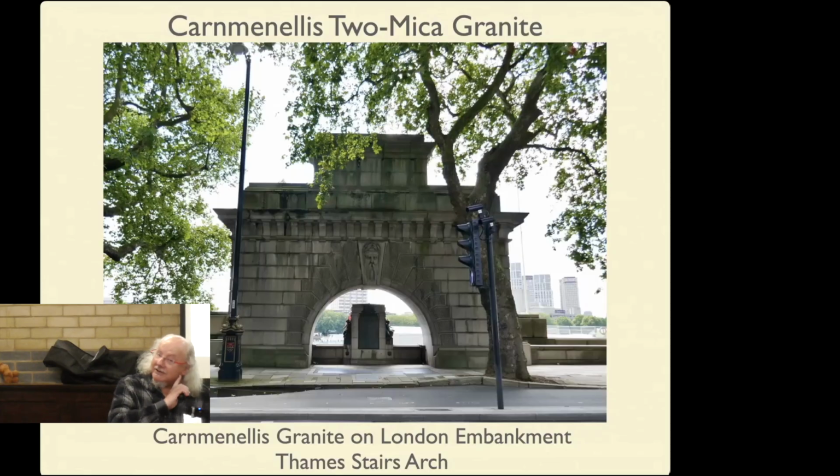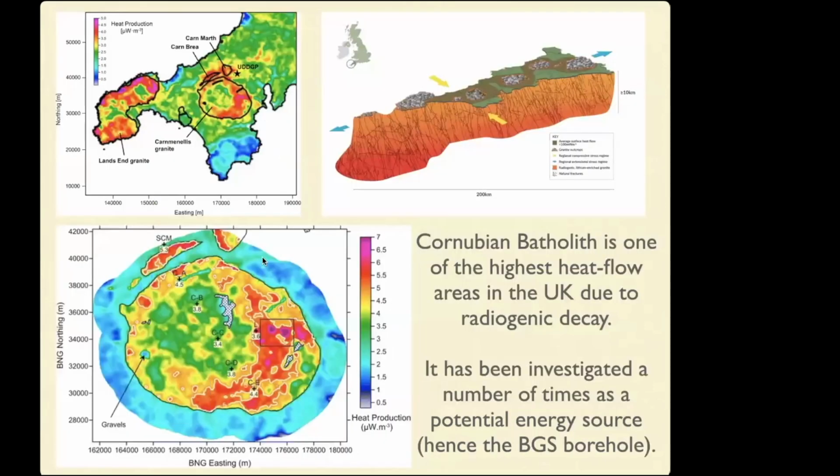So let's come back to why that core was taken through a granite. Why would BGS bother to core granite? Well, because on a number of occasions, it's been looked at quite seriously as a potential energy source. This is a map of heat production and heat flow in the whole of southwest England, actually.